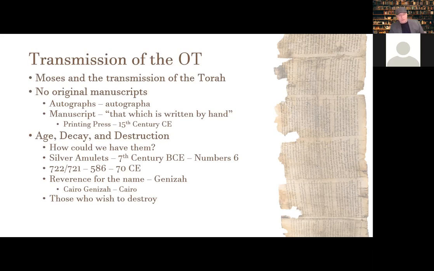So you have these big, huge events in the history of Israel that really account for the destruction of very fragile texts. Then you have another thing too. You have this reverence for the name of God. I don't want to get into the details too much about that, but you have this idea that God's name is holy, that it can't be spoken.